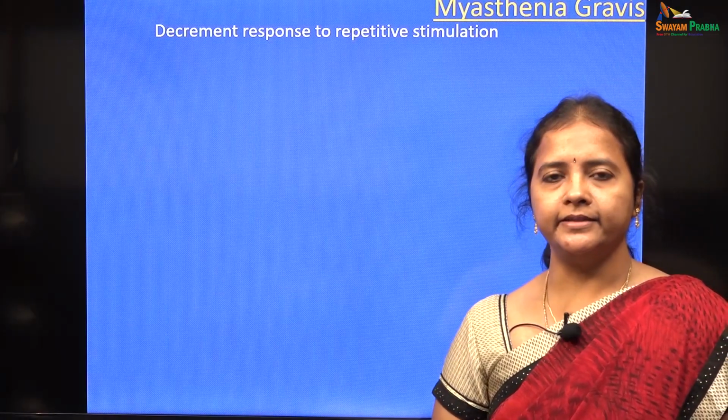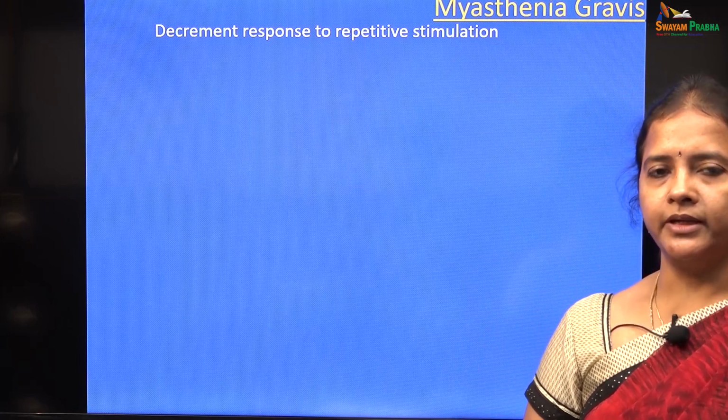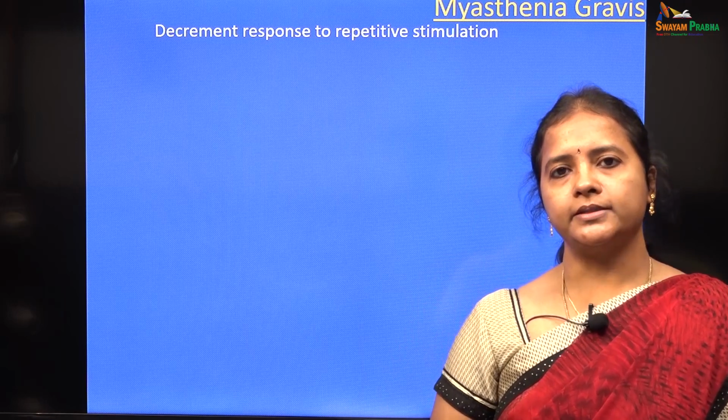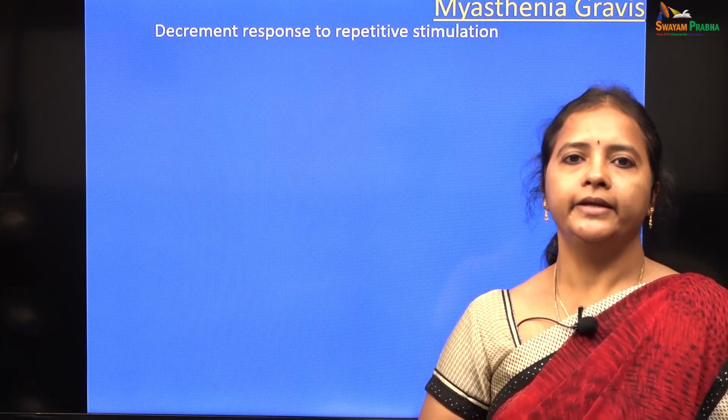And in this condition, there is always a decremental response to repetitive nerve stimulation. That is, here the muscle weakness progresses as the muscle is being used for excessive time.